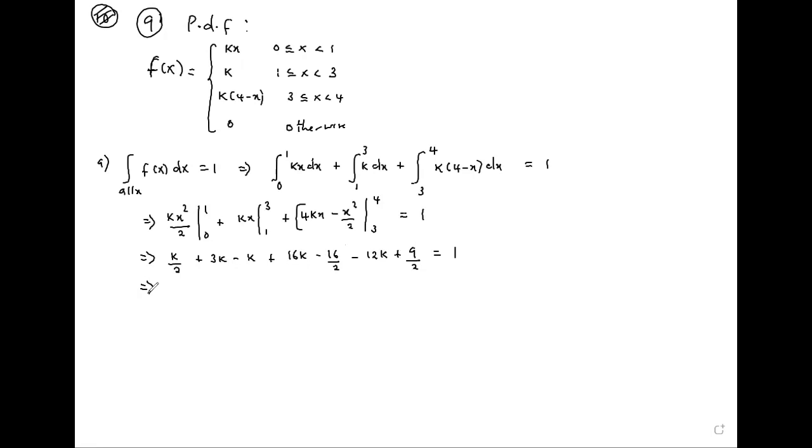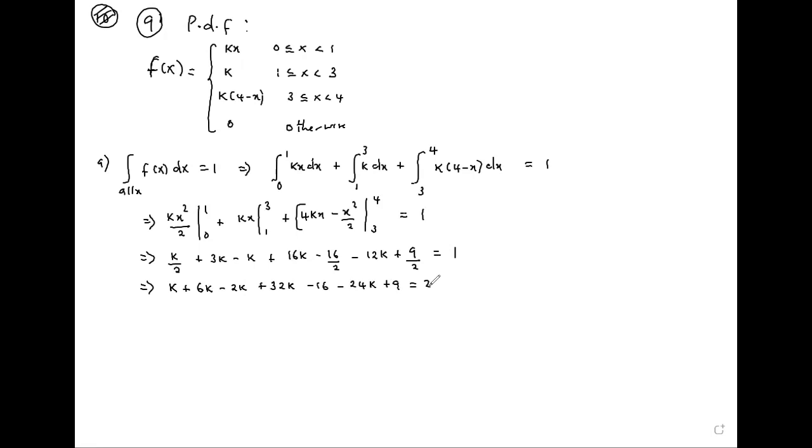So k over 2, the best here is I cross multiply. I multiply throughout by 2 so that I get k plus 6k minus 2k plus 32k minus 16 minus 24k plus 9 is equal to 2.